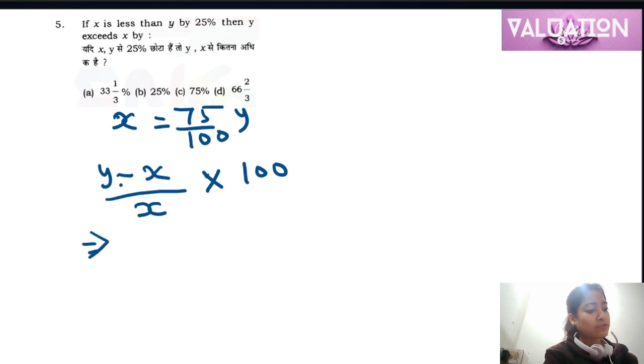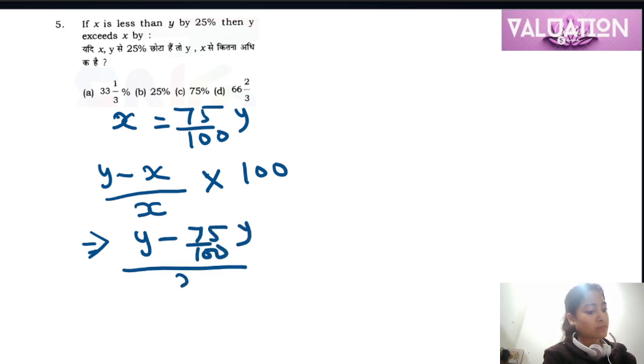So the difference will be y minus x. In place of x we can write 75. Solve it.